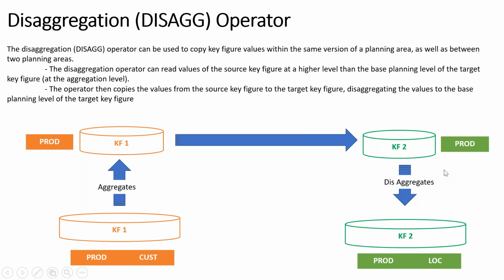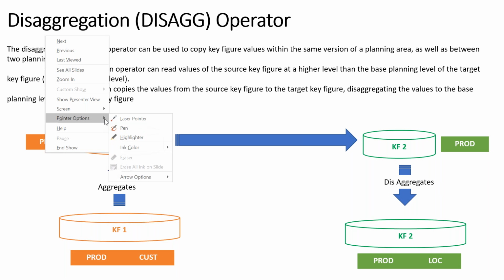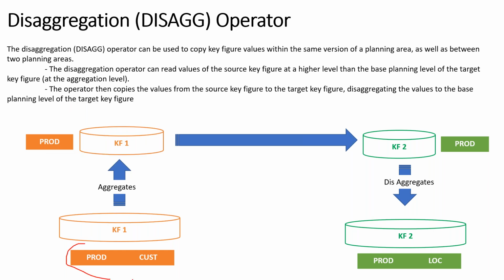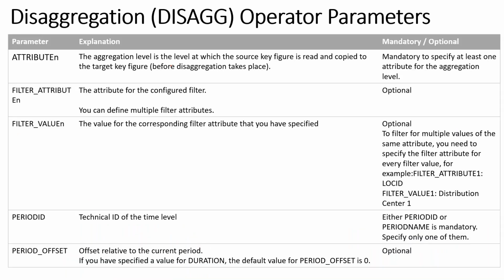So in this example, what is the aggregation level that is happening here? Product ID is aggregation, right? From here, prod cust, it is going to the prod level and then doing a copy. So before the disaggregation happens here, system has to first do an aggregation. So the aggregate level we have to maintain. So that is what is mentioned here.